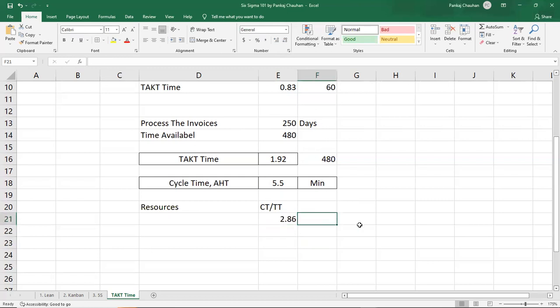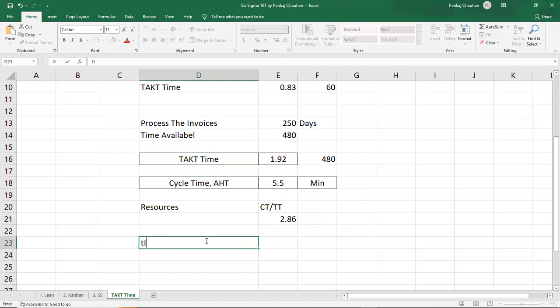If you need 2.86 times the resources, then the actual time needed, based on this cycle time, will be 2.86 times your current time.